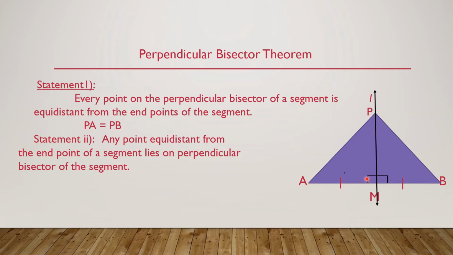And the perpendicular bisector theorem says every point on the perpendicular bisector of a segment is equidistant from the endpoints of the segment.